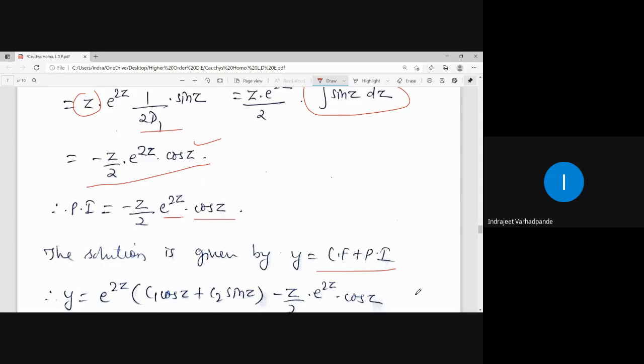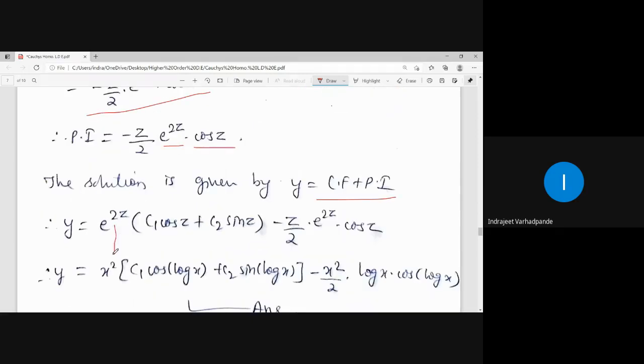So that will be your final answer. So e to the power 2z is written as x square, and z is written as log x.